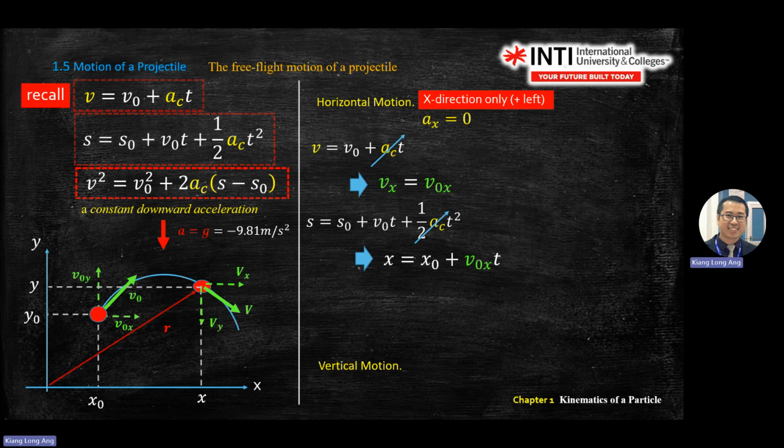Remember that you are now looking at the X direction, so here I just changed S into X. But in your solution for your assessment, you don't need to change it into X. This is just to tell you that on the coordinate, this is the X direction.